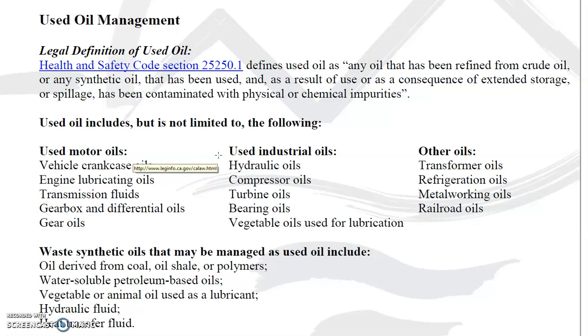The Health and Safety Code, section 25250.1, defines used oil as any oil that has been refined from crude oil or any synthetic oil that has been used and, as a result of use or as a consequence of extended storage or spillage, has been contaminated with physical or chemical impurities, usually heavy metals or some other additional substances.